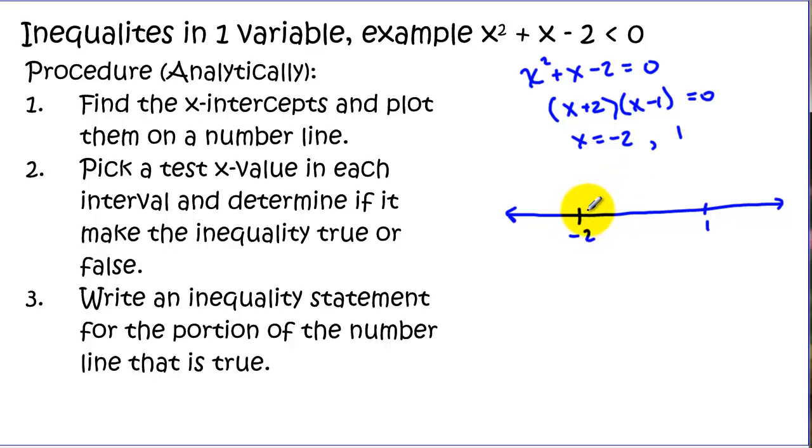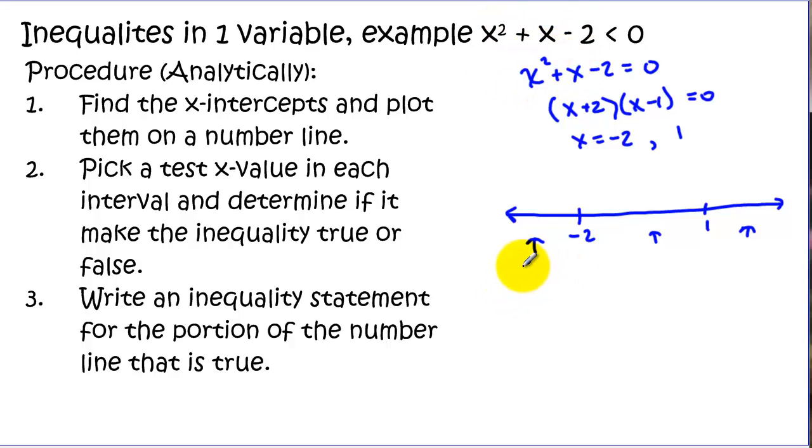To have the function go up here and then back down here, we would have to have another x-intercept. And we know these are the only x-intercepts. So we need to know in each of these test intervals, the points in between here, does that make the inequality true or false? Does it make this expression positive or negative?